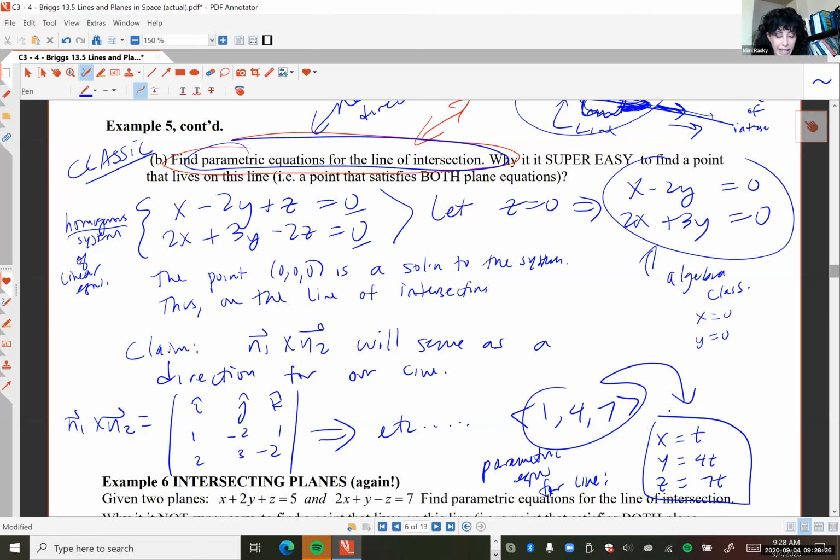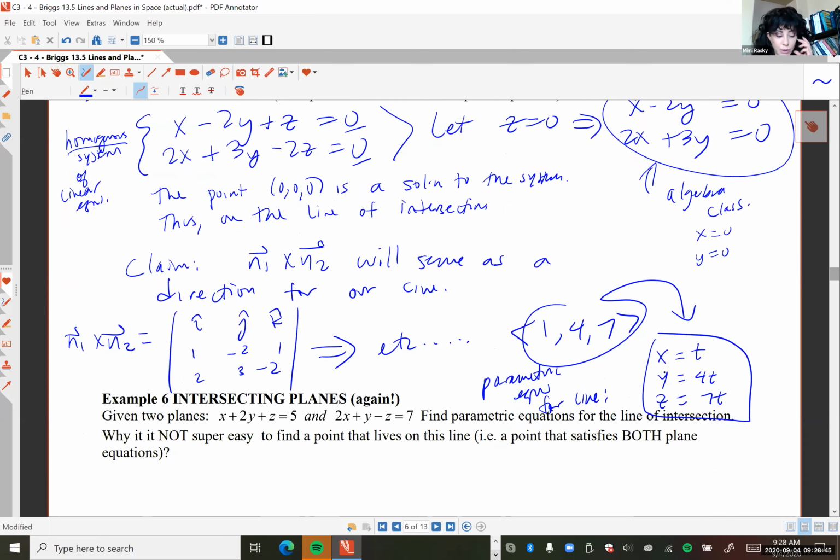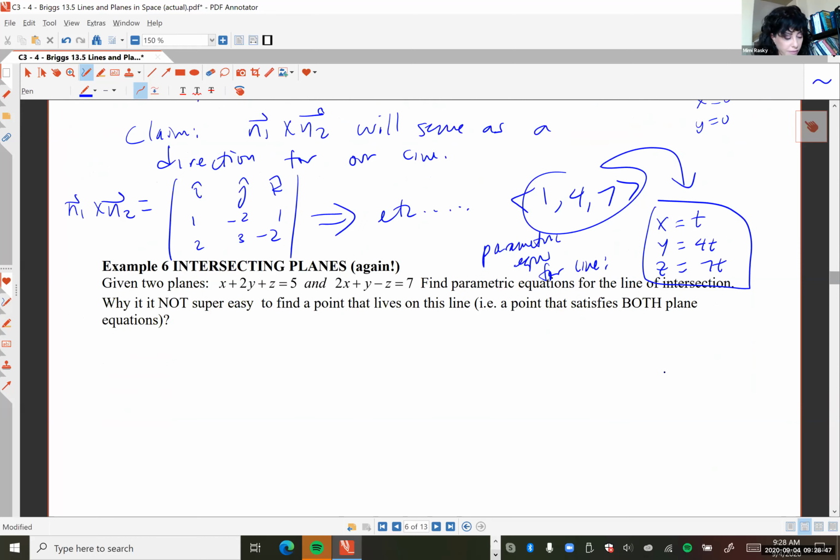So like if you had -1, -4, -7, that would be fine because that's also a vector that's parallel to your line. So your answer might be x equals -t, y equals -4t, and z equals -7t. That would be fine. Or any scalar multiple of 1, 4, 7.